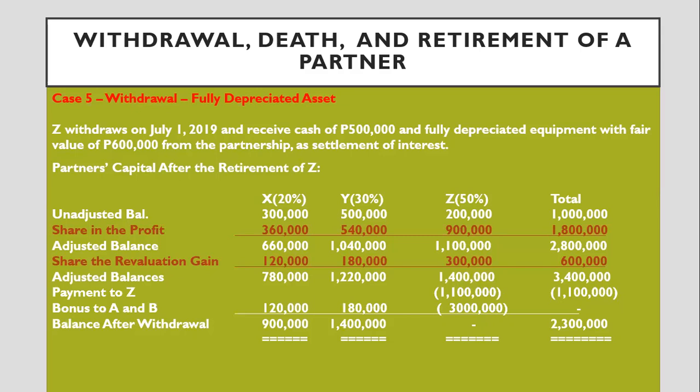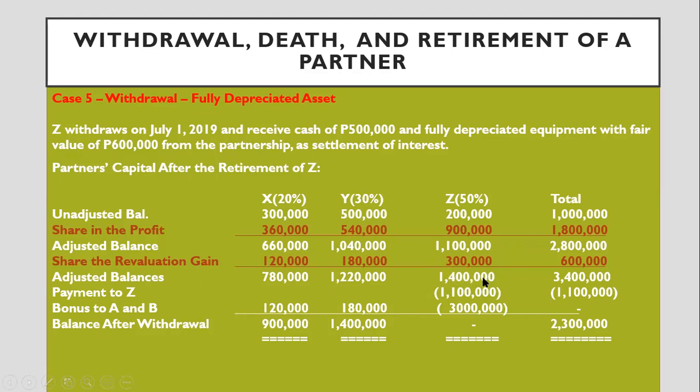So there is a difference of 300,000. So there is a bonus of 300,000, and the bonus will be given to the old partners. Again, why a bonus? Because the adjusted balance of Z is 1,400,000.